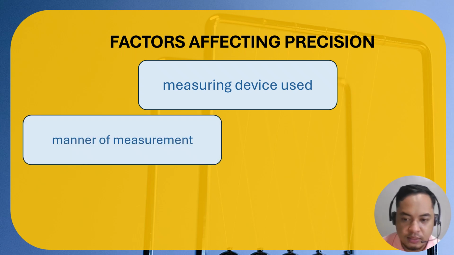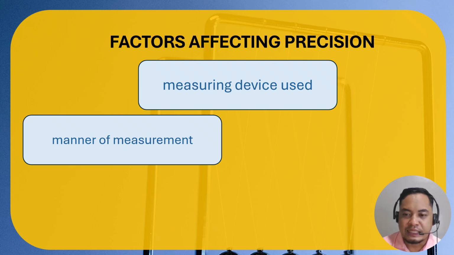Manner of measurement. For example, all of a sudden you measure a certain distance or length of a certain matter used in your experiment. And then the position or the angle you observe is prone to getting unrealistic or unreliable measurement.